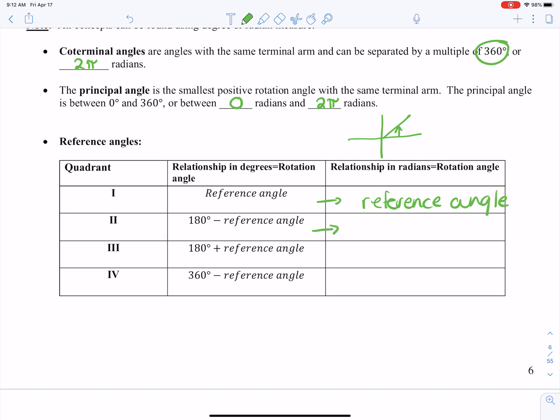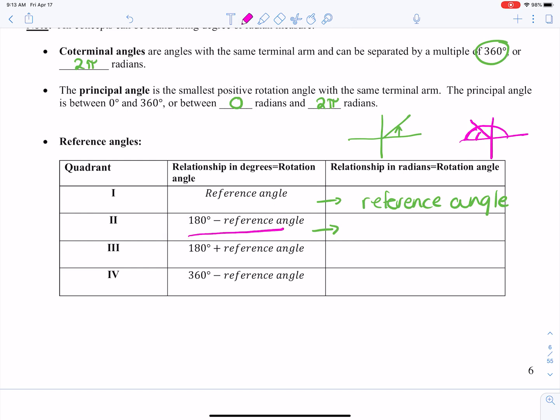Number 2, let me grab a different color here. If I have something here, let's think about that in degrees. If I am given the reference angle and I need to find the rotation angle, I go to 180 and then back up, minus the reference angle. That's where we got this.